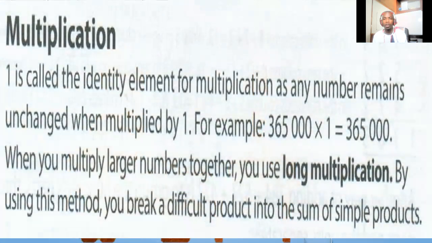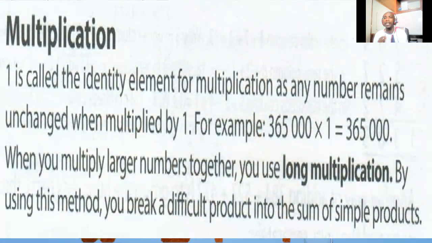Right, take note. I just want you to know this important point. You will meet it, or you have known it, you have been practicing it, but maybe you didn't know what it is. In multiplication, we have what we call the identity element, the number 1.